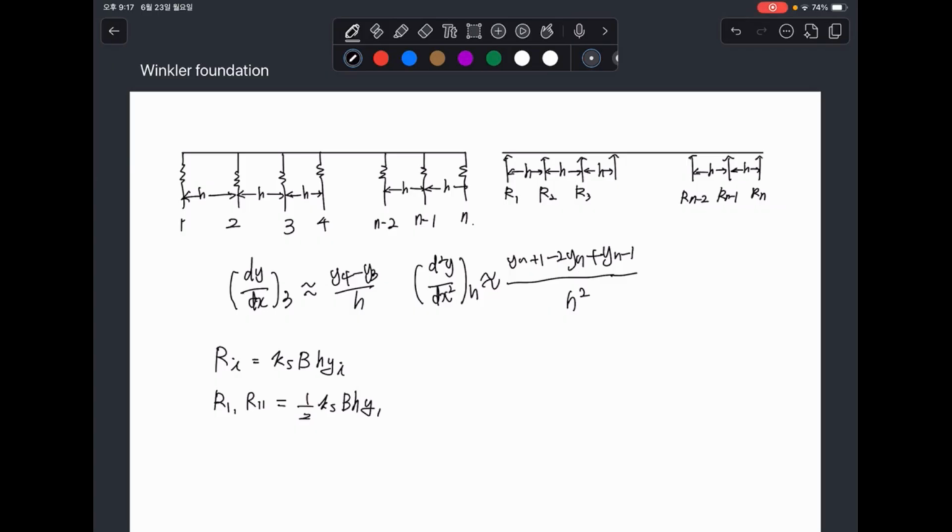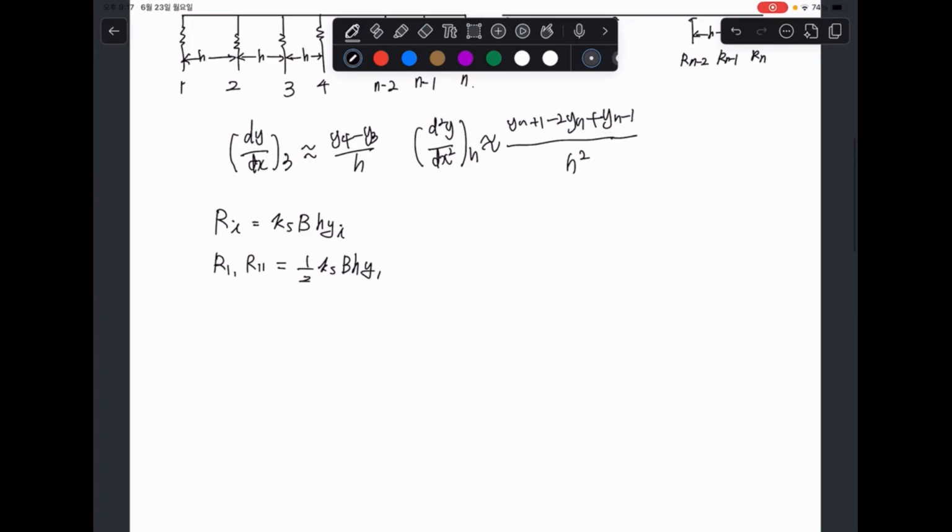So given flexural rigidity EI and subgrade modulus Ks, the equilibrium at each node becomes, this balances the beam's bending resistance with the foundation reaction and any applied loads.